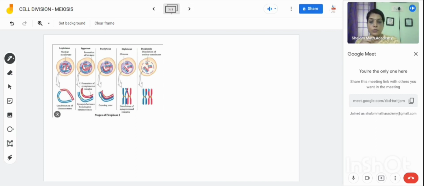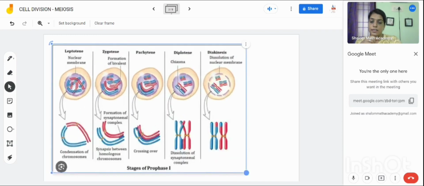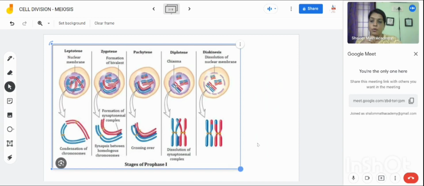Now, prophase 1, I want you to see this. Prophase 1 is further divided into different stages. If you look at the board, you will know: leptotene, zygotene, pachytene, diplotene, and diakinesis. In prophase 1, as we know, the nuclear membrane slowly starts to dissolve.